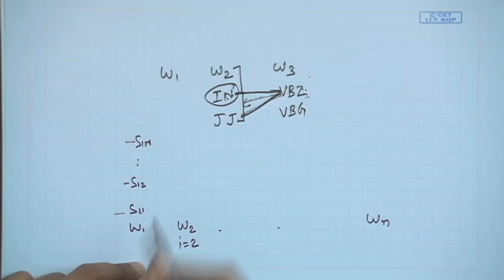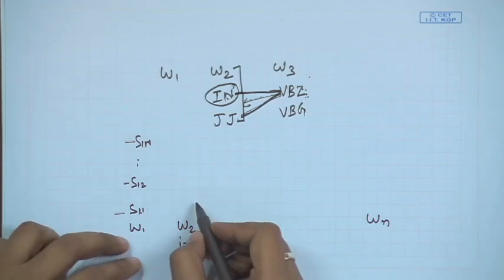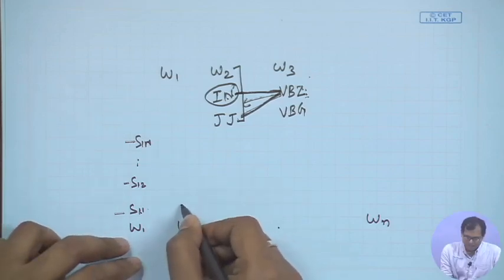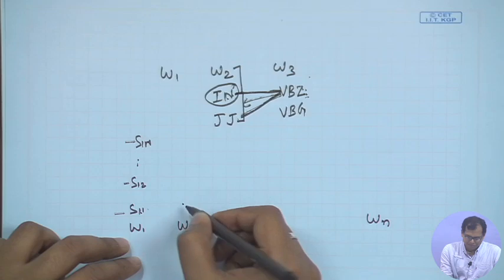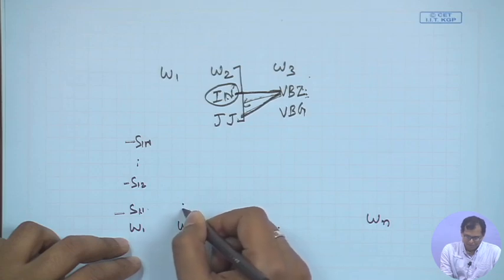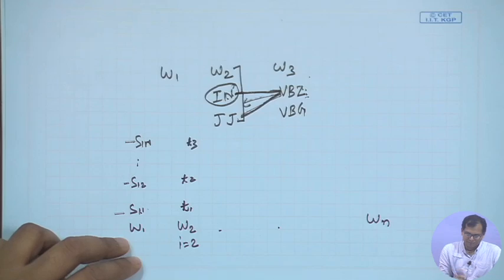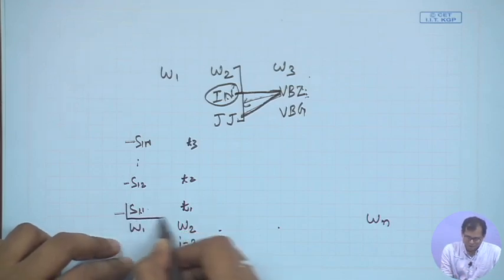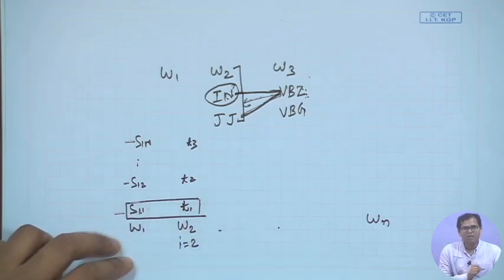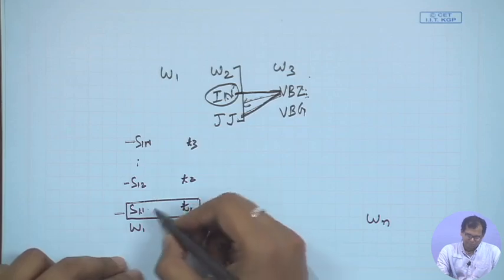So let me take this as the previous context, and suppose this has again some tags, say T1, T2, T3. So S11 and T1 becomes the first sequence.